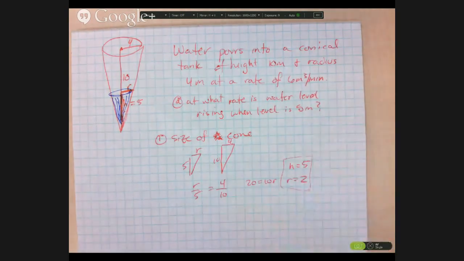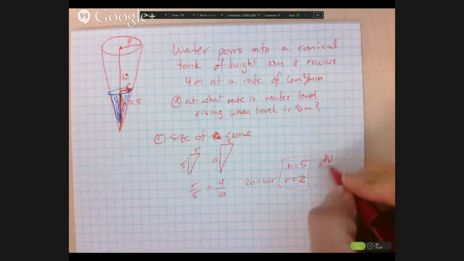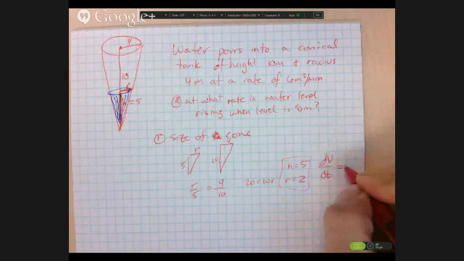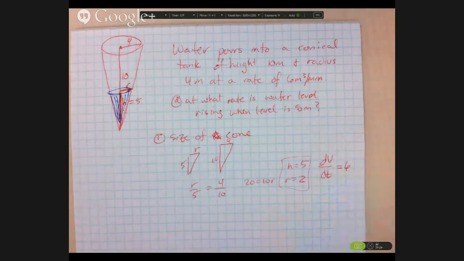Okay. So we know our numbers. What is dV/dt? 6. That's the problem statement. So those are all the numbers we have to work with.